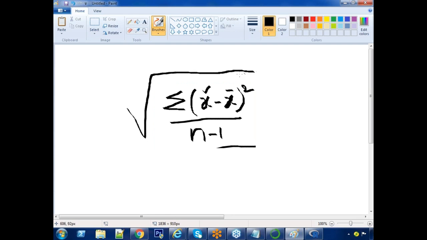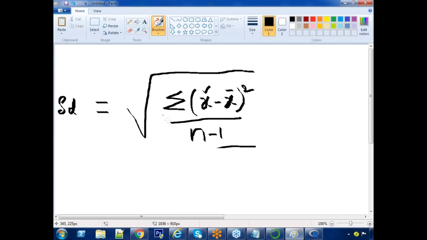If you apply square root to this variance of sample, you will get standard deviation. How to apply square root in Python? We don't have a direct function. For the whole expression, double star 1 by 2 or double star 0.5, you will get standard deviation.